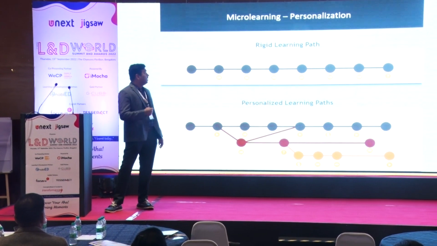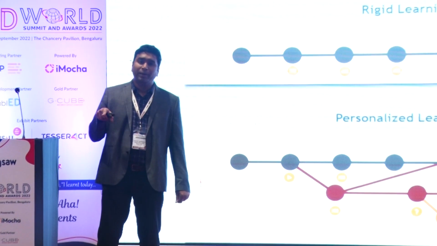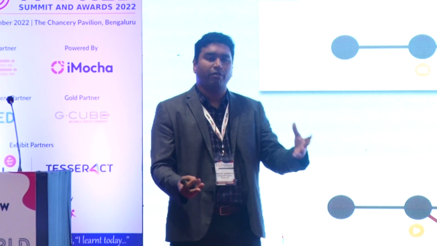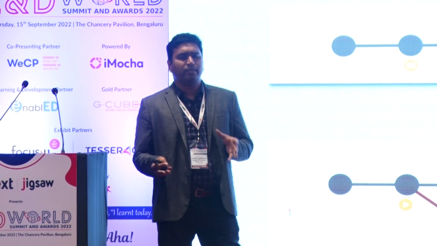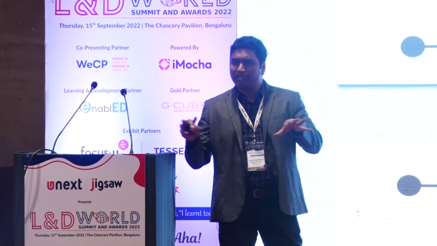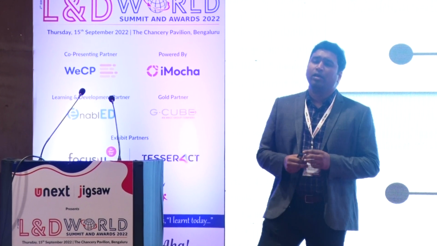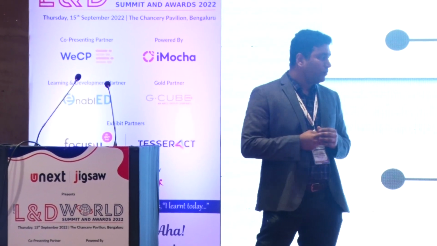And what micro-learning has enabled us is bring in that personalization in learning. Right? Learning used to be very rigid. Everybody goes through the same set of training, right? There was some level of personalization because the L&D team would define the courses based on their functions. However, with micro-learning, the personalization can be much more granular.